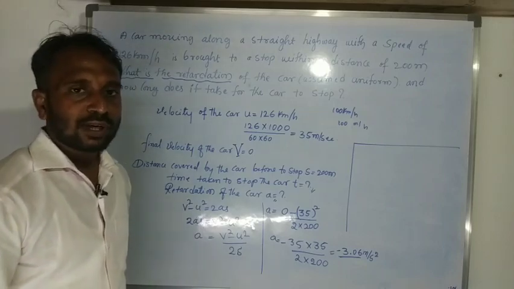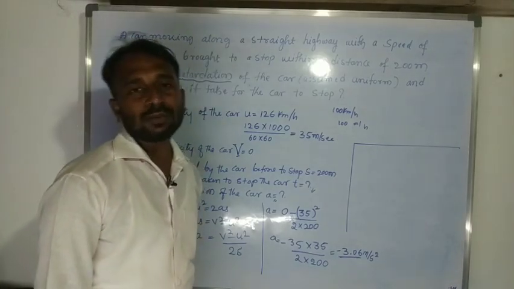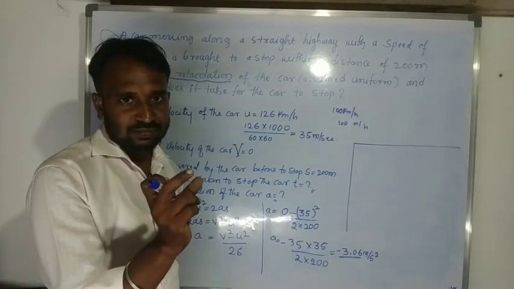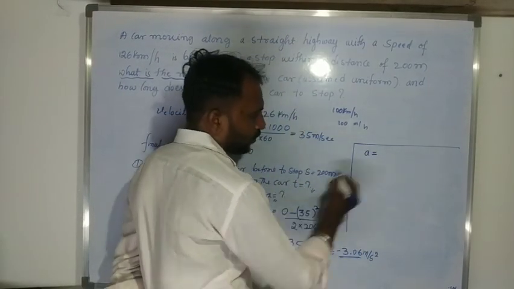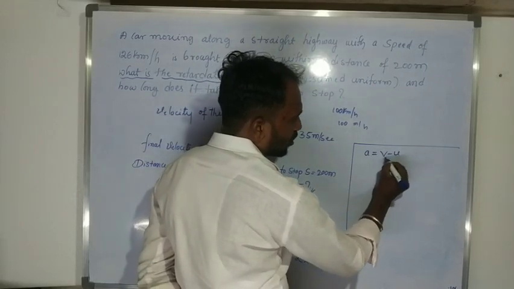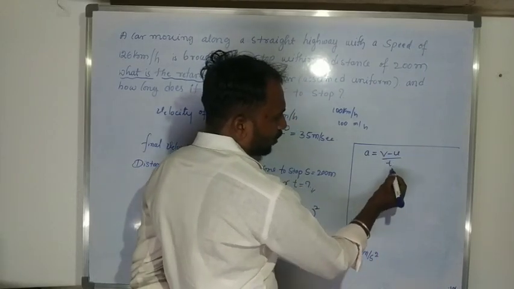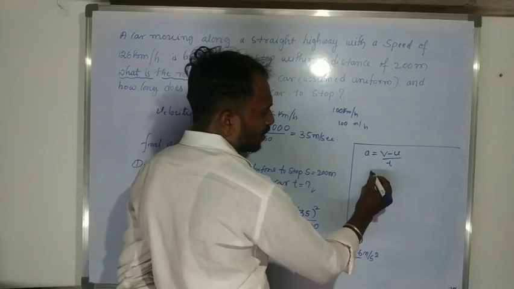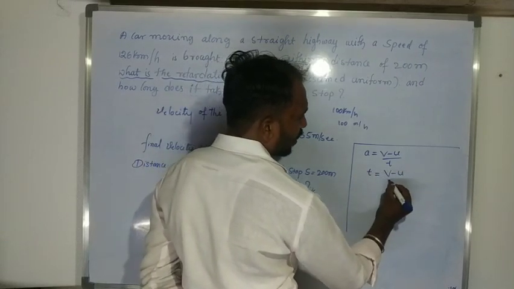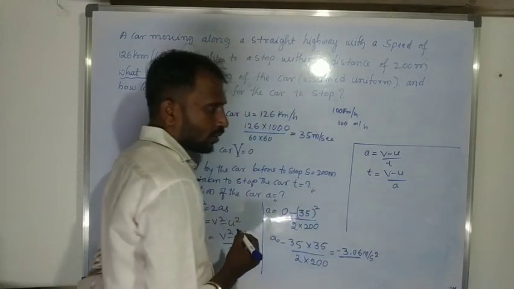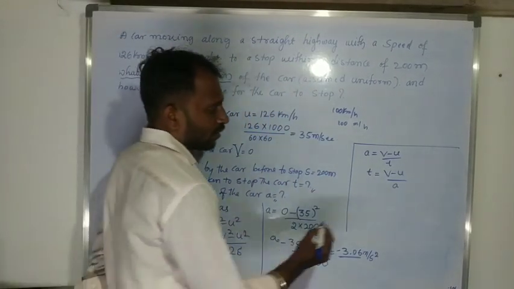Which formula is suitable to find the time? Acceleration a is equal to final velocity minus initial velocity divided by time. We want to calculate time, so t is equal to v minus u divided by a.